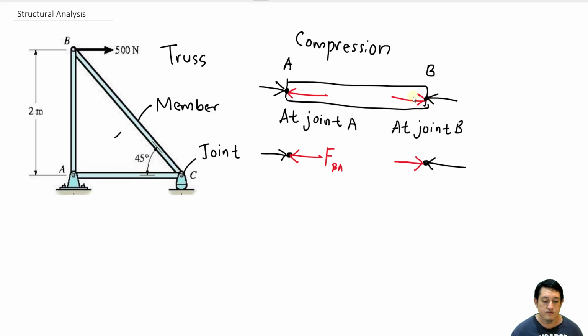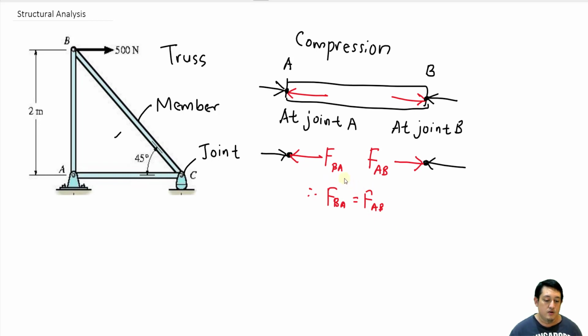This one here is F_AB, because the direction is from A to B. If you look at this F_BA and F_AB, even though this is BA and this is AB, the magnitude of F_BA is equal to F_AB, even though the direction is different.